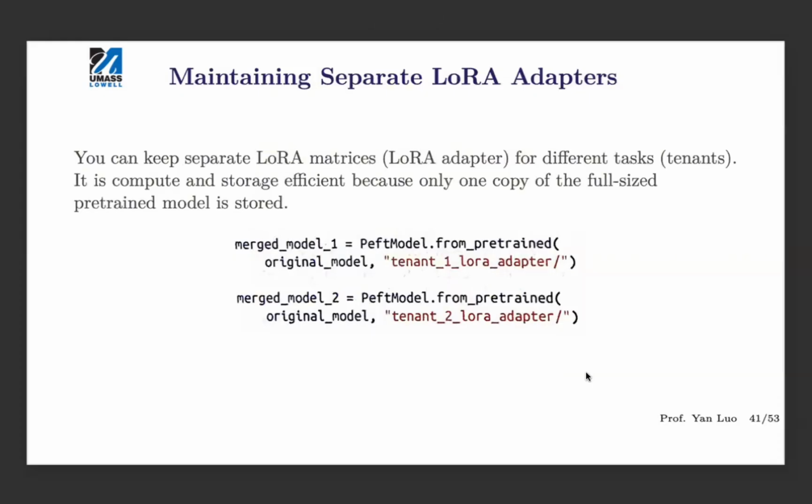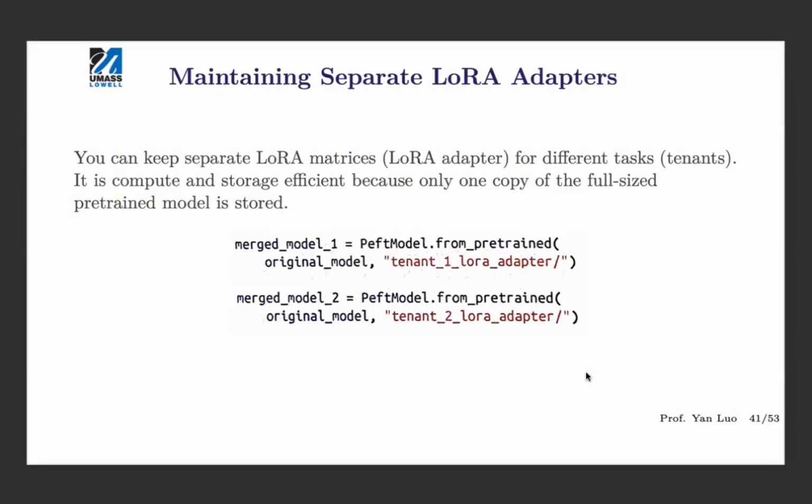A different alternative that you can have is if you have a few tasks you may be running. So you may do summarization, you may do some translation for different tasks or different tenants. You could maintain separate LoRA adapters.